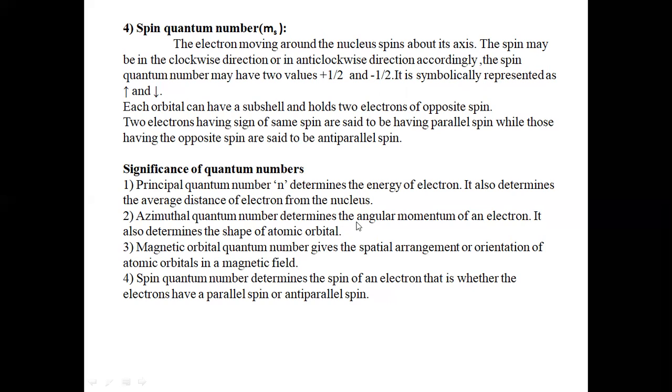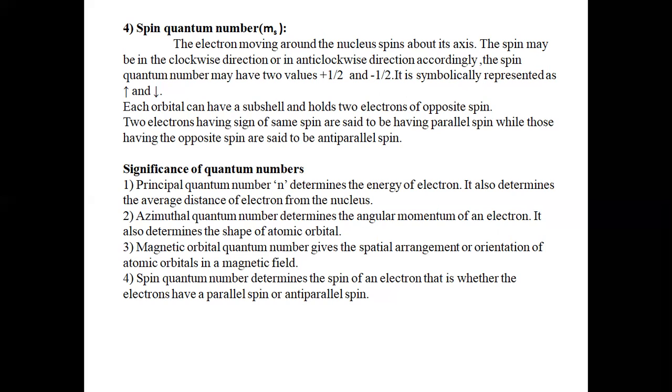The azimuthal quantum number determines the angular momentum of the electron, and it also determines the shape of the atomic orbital. Using it, we can determine the angular momentum of the electron and the shape of various atomic orbitals.